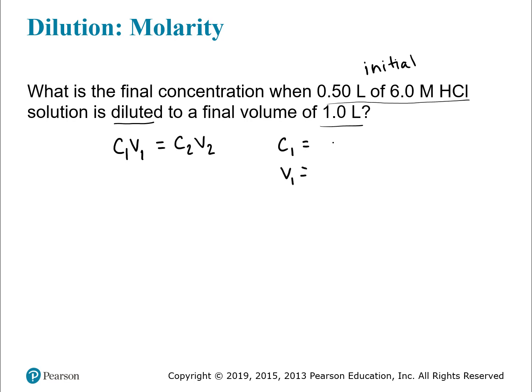So our initial concentration is 6 molar. Our initial volume is 0.5 liters. The question is asking about the final concentration. So we don't know that, but we know that the units will be molarity. We're told that the final volume is 1 liter.